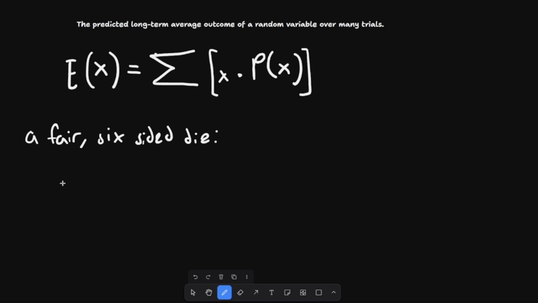And the probability of each roll, like let's say you rolled a 1, the probability of that is 1 out of 6. If you rolled a 3, the probability of that would be 1 out of 6 too, because there's 6 sides in a die. So it would be 1 times 1 over 6. So that's if you got the 1. Add that to the probability if you got the 2.